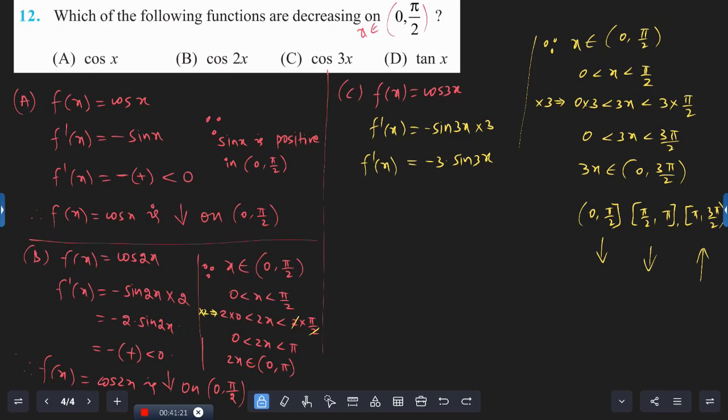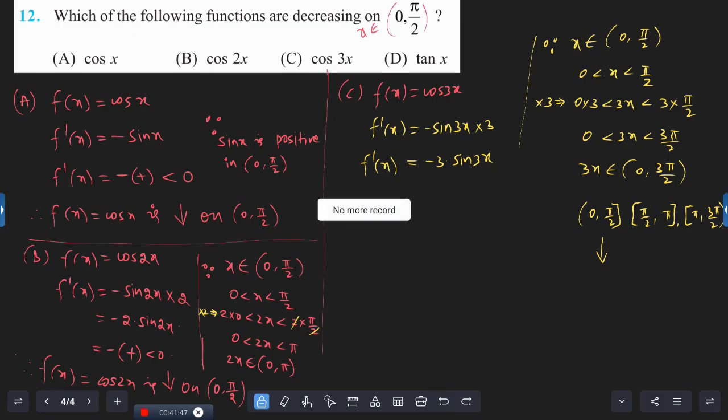Then what about third quadrant? Increasing. Why is third quadrant increasing? In third quadrant, sine is negative. So already we have one negative, this 3, and sine also negative. Now negative times negative is positive. So in a single interval, decreasing is happening and increasing is happening. Then together what will you tell? Very good. Neither increasing nor decreasing, you have to say for this.